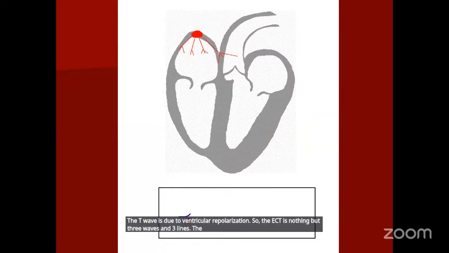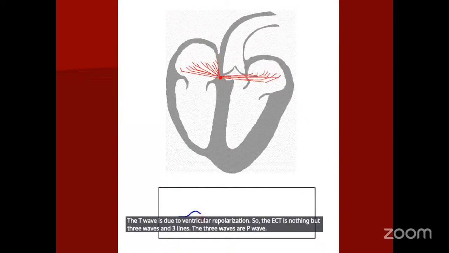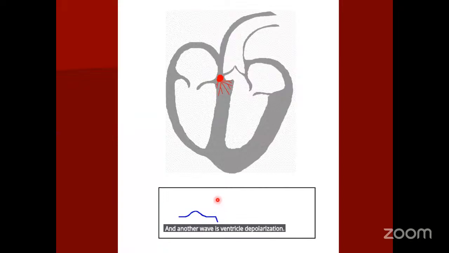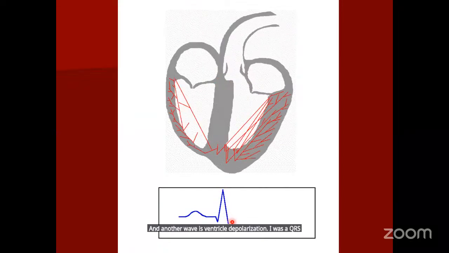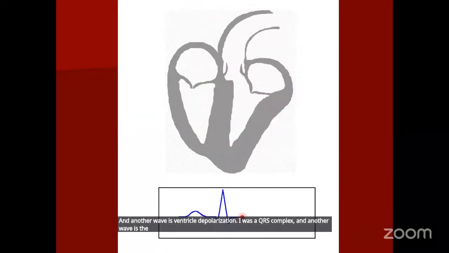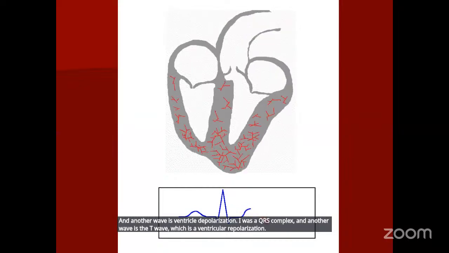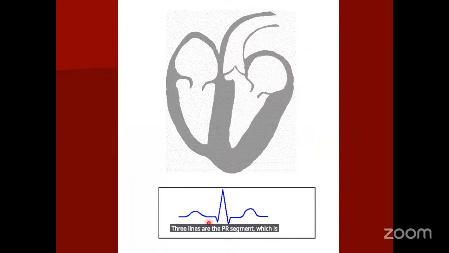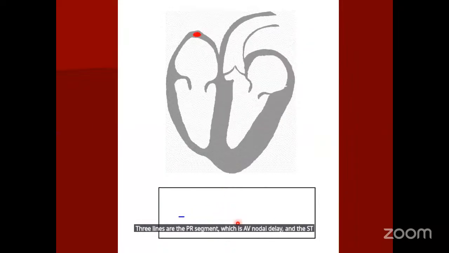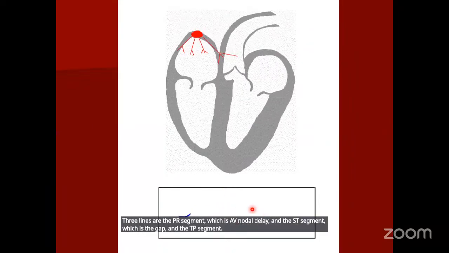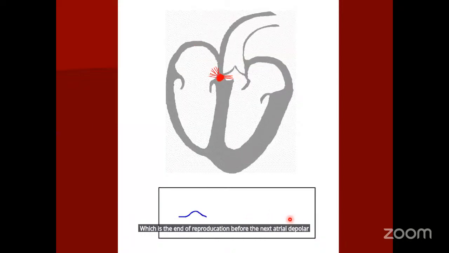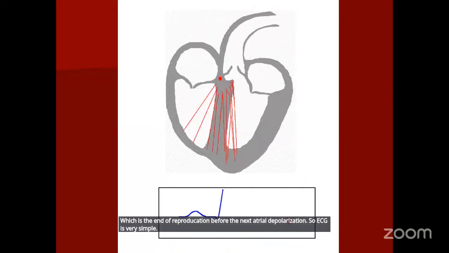The 3 waves are the P wave, atrial depolarization, the QRS complex, ventricular depolarization, and the T wave, which is the ventricular repolarization. The 3 lines are the PR segment, which is AV nodal delay, the ST segment, which is the gap, and the TP segment, which is the end of repolarization before the next atrial depolarization. So ECG is very simple, 3 waves, 3 lines.